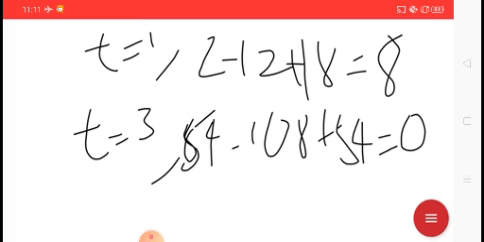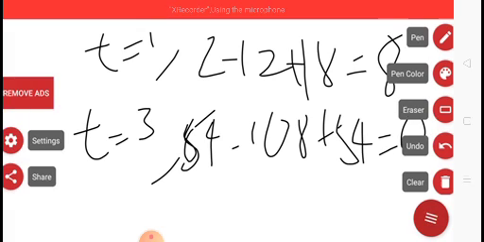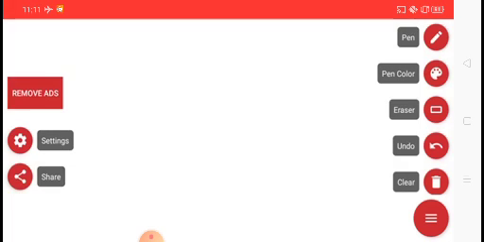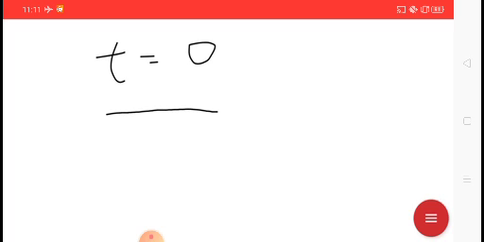So what happened in this situation? I will draw the diagram for you roughly. At t equal to 0, the particle moves in this direction.